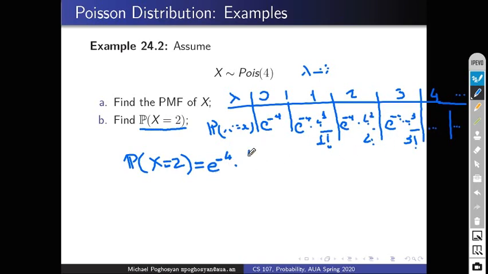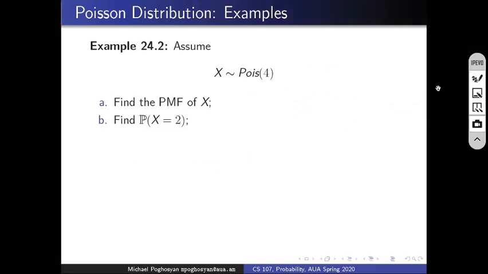So we have 4 squared over 2 factorial. And we can calculate this number, say, by using some calculator or R. So this is the probability that x will take the value 2. Let me erase, because after going back, this will not be visible.